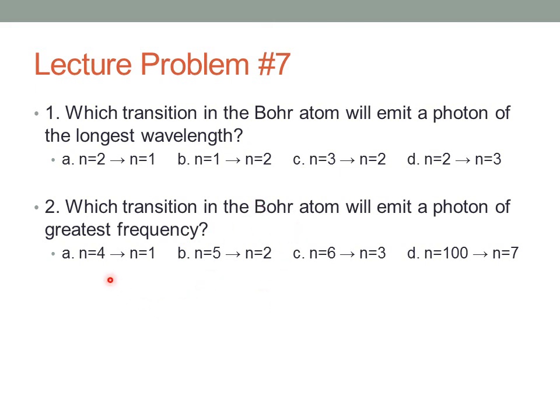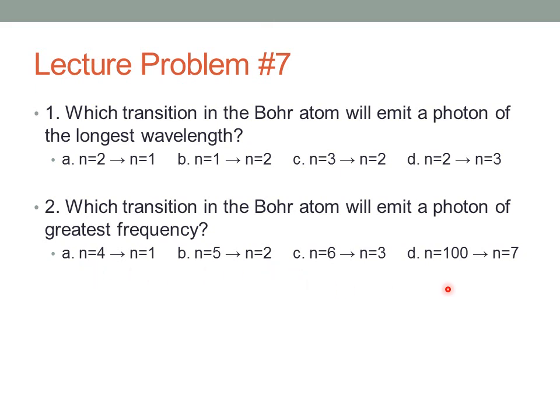So 4 to 1, 5 to 2, 6 to 3, 100 to 7. Notice these first three all have the same number difference, a difference of 3. However, 4 to 1 would be the greatest energy gap, because the lower we are on the scale, the bigger the gap is between the energy levels. So A would be the biggest energy gap amongst the first 3.